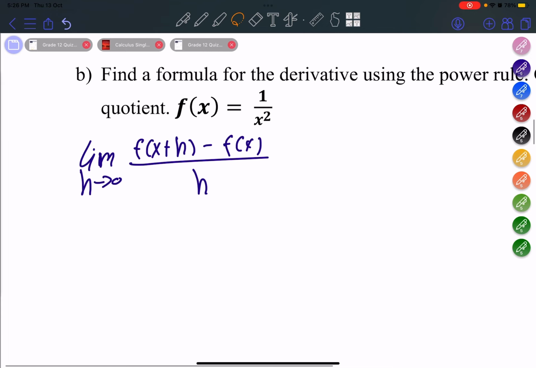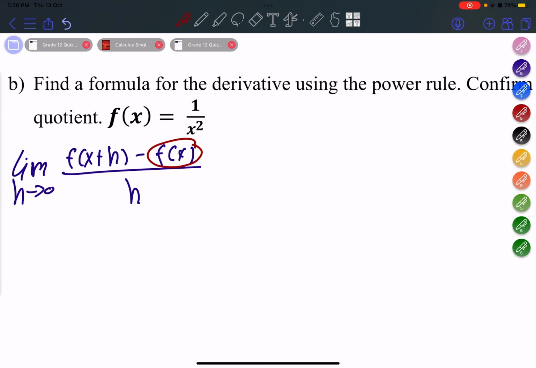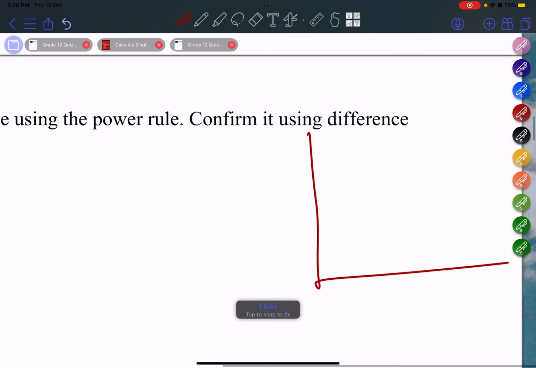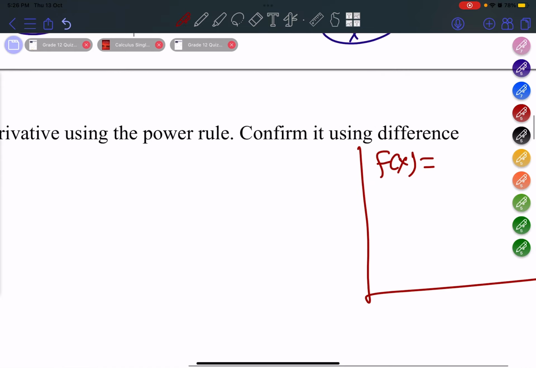Now, we must know two things. First of all, what is f of x equal to, and what should f of x plus h look like? If we go here and write what the two should look like: for f of x, we already know that f of x is equal to 1 over x squared.